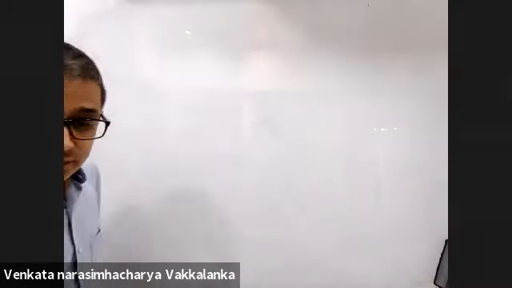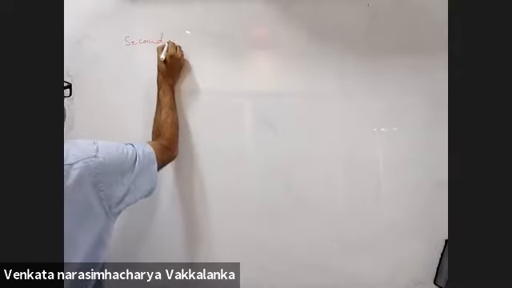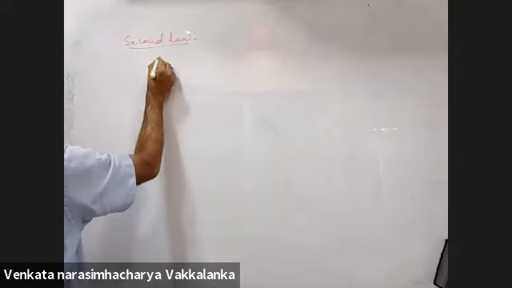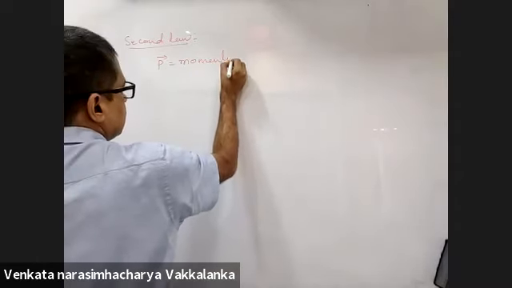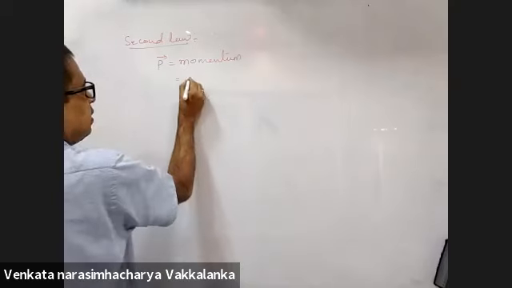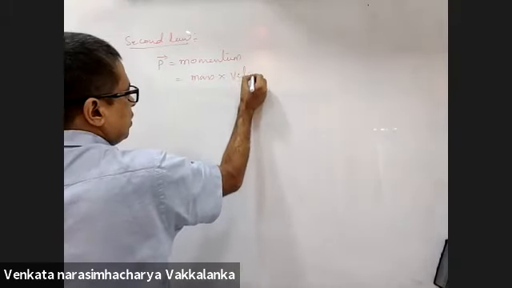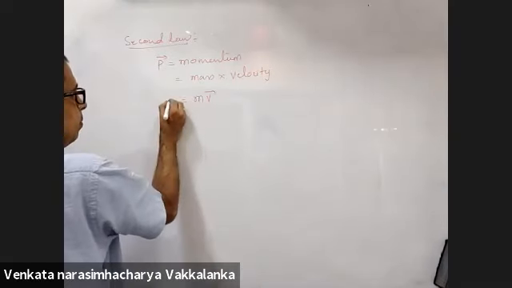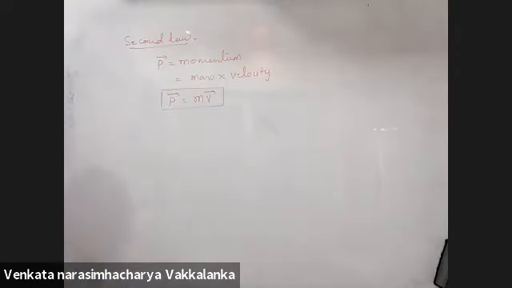To define the second law, we need another physical quantity. We define a quantity called momentum. Momentum is defined as mass into velocity. It is a vector quantity, written as mv.